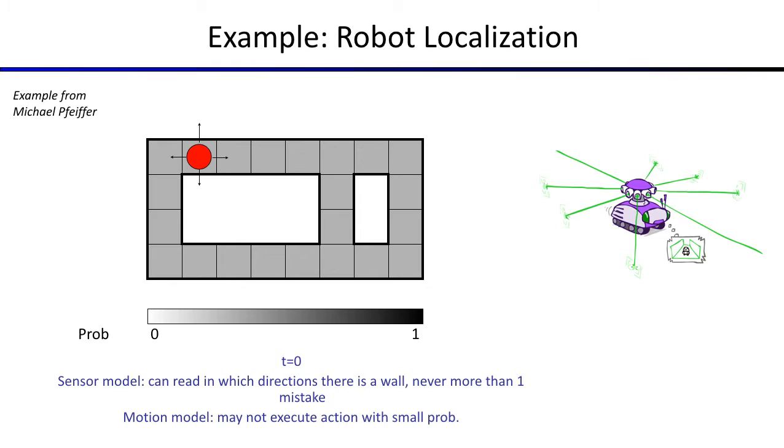Maybe the gears get stuck or the motor's got something wrong with it. And so with some small probability, the moving right action that the robot tries to take will fail. And the problem that we're trying to figure out here is basically to figure out where the robot is located as time goes by. Does this remind you of any homework problems that you've done in this class?